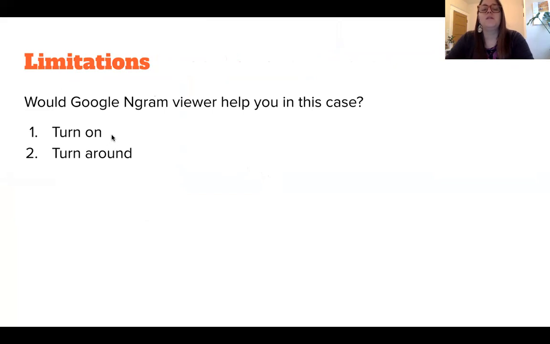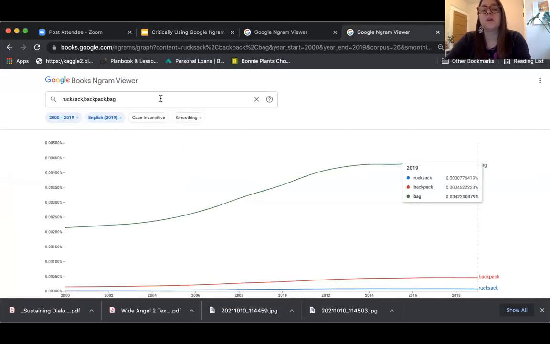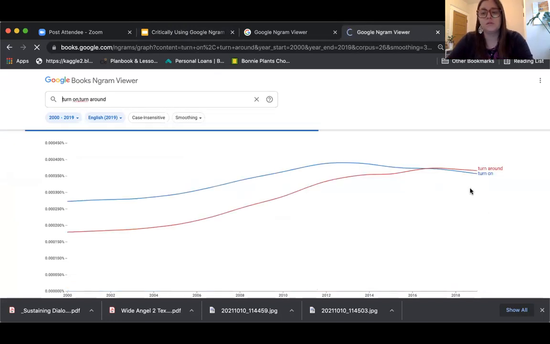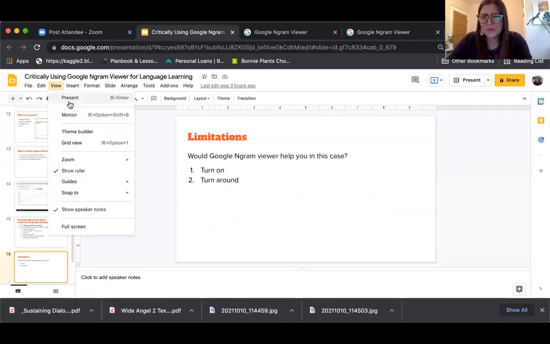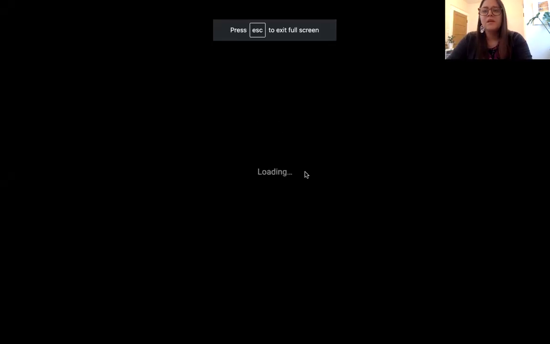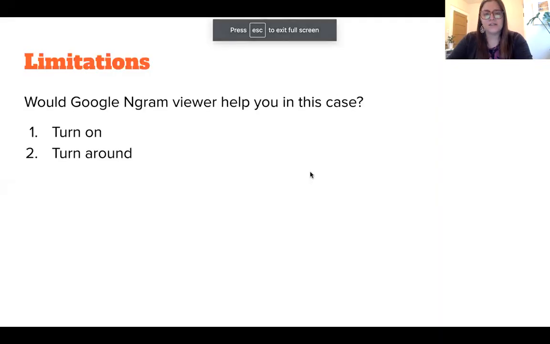But if you think about a phrase like turn on and turn around, let's actually see what's more common. This data can tell us what's more common. Turnaround is slightly more common. However, both are okay. You can say both, right? So they just have different meanings.